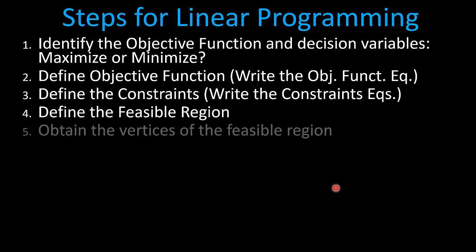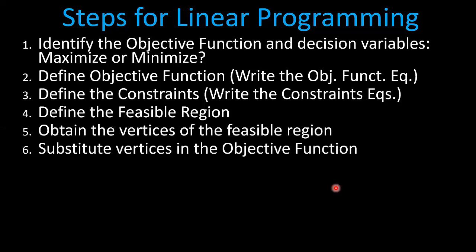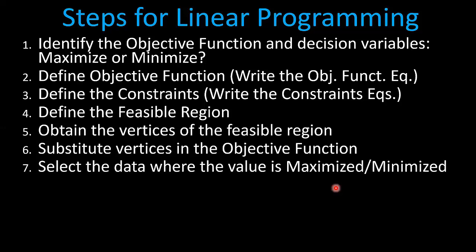The next one, you're going to obtain the corners, the vertices of that feasible region, because that is the location where you're going to find the maximum value or the minimum value. Once you have identified those vertices, then you're going to substitute the value of those vertices in your objective function, and you're going to find what is the value that maximizes or minimizes. So you select the data.